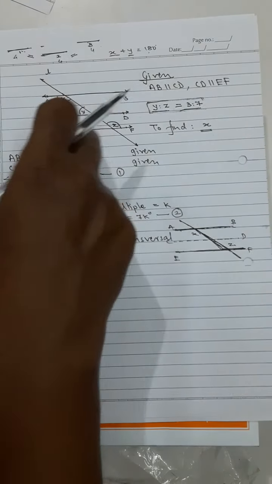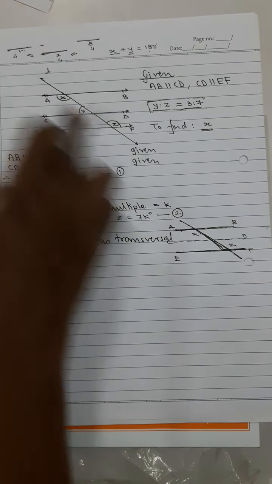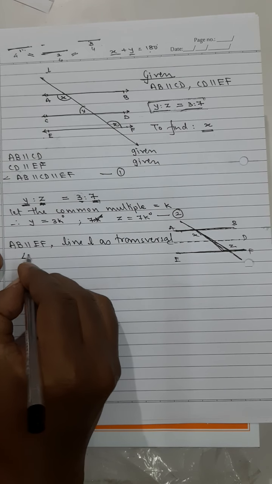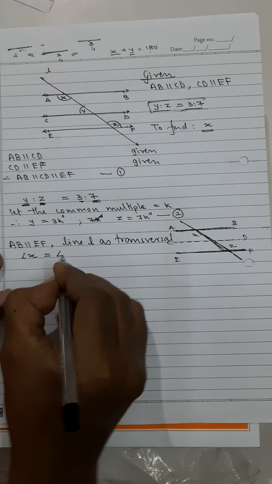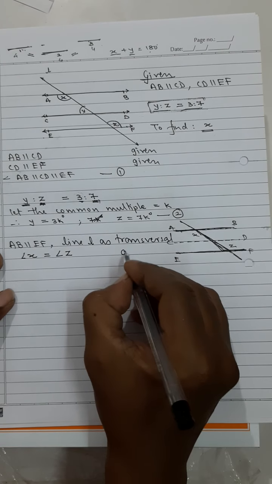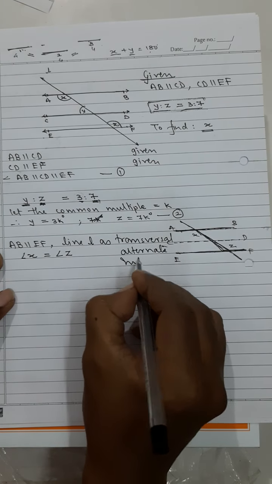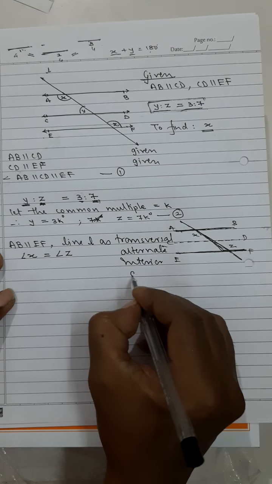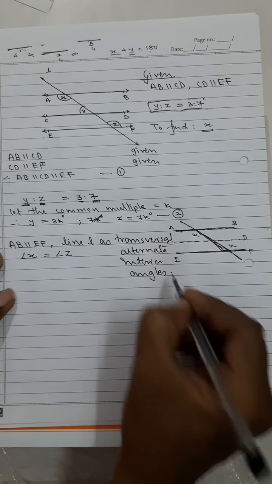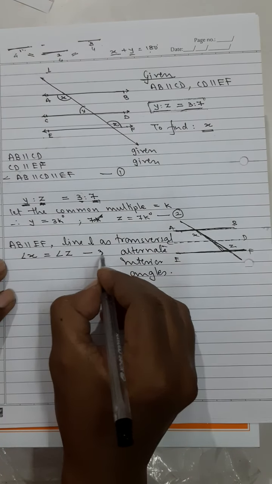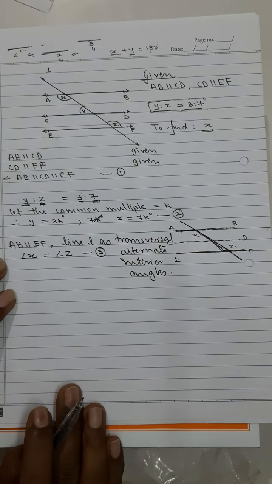So out of that only AB and EF I am considering, and transversal is L. Then I will get angle X is equal to angle Z, because alternate interior angles. Fine. So angle X is equal to angle Z. This is now done. 3.